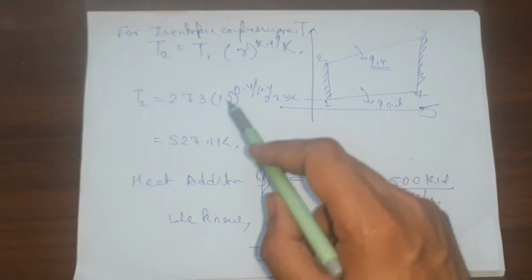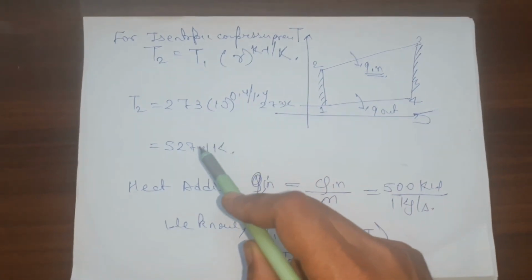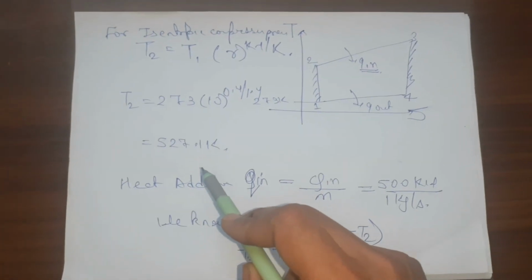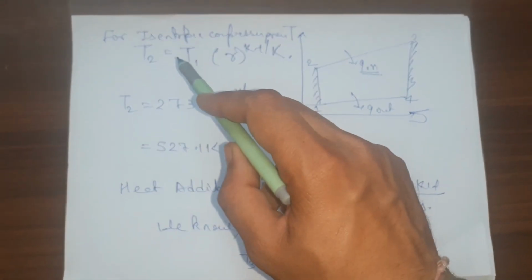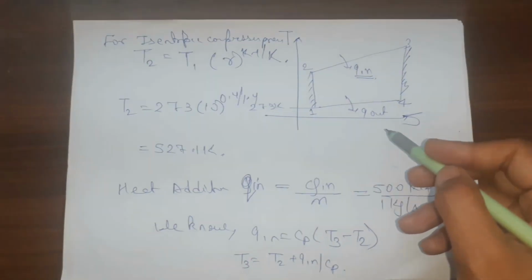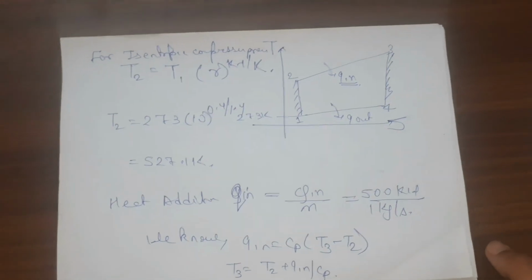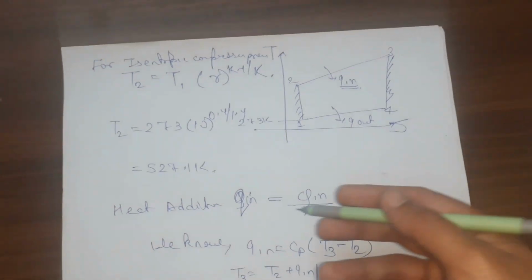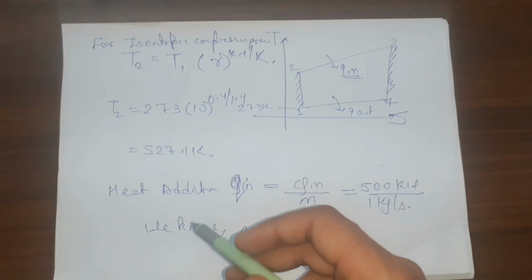So T2 equals 273 times 10 to the power of 0.4 upon 1.4. The T2 value came out to be 527.1 Kelvin. This is how we calculate T2. We just have to remember this formula for the isoentropic compression process. This is nothing else but from the polytropic process, PV to the power of n is equal to constant. From there these formulas came. This we have to remember.